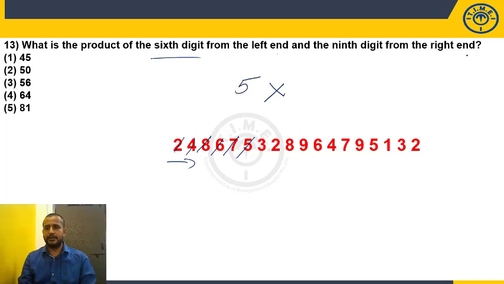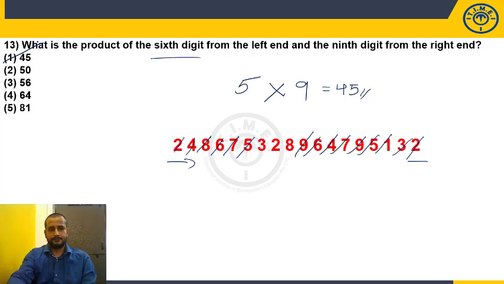And 9th digit from the right hand, so we should start counting from the right hand. 1, 2, 3, 4, 5, 6, 7, 8, 9. What is that? 9. So 5 into 9, 45. Simple. Choice 1 is my answer. Clear? Choice 1.